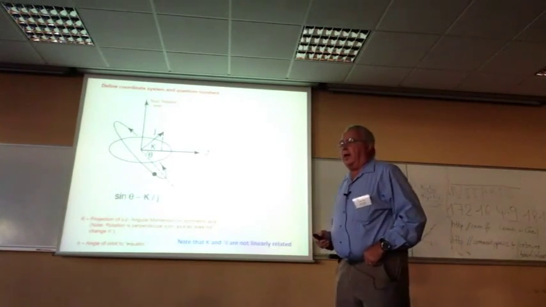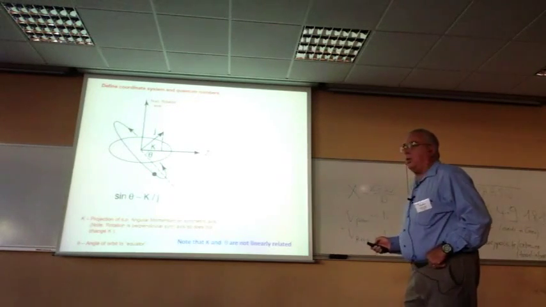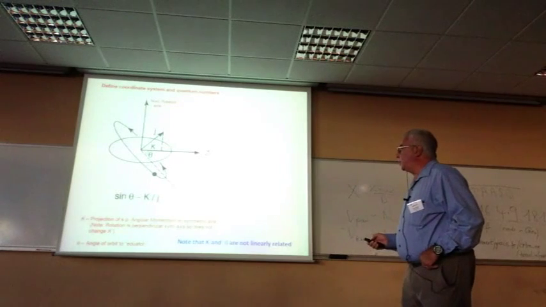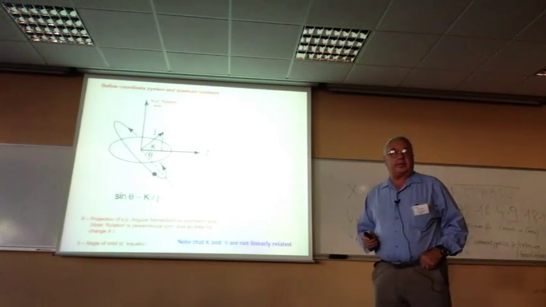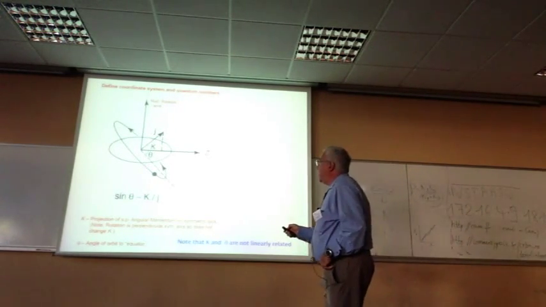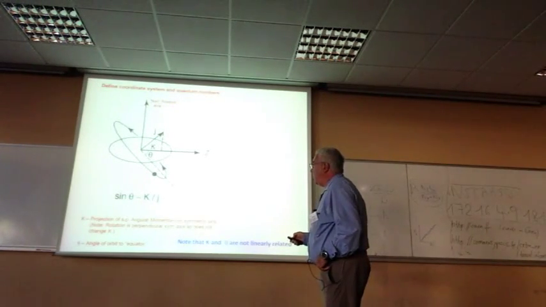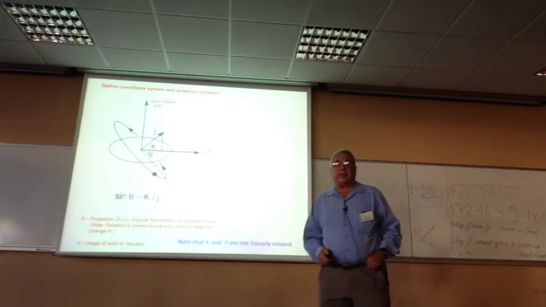The reason is that k is the projection of the total angular momentum on the z-axis, the total angular momentum consisting of the particle angular momentum plus any rotational angular momentum. But in an axially symmetric nucleus, the rotational angular momentum is always perpendicular to the z-axis, so it has no projection on the z-axis, so k and omega are similar.